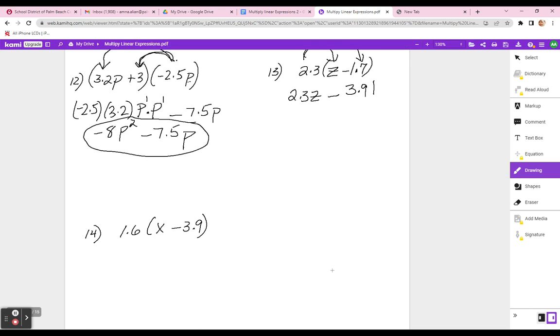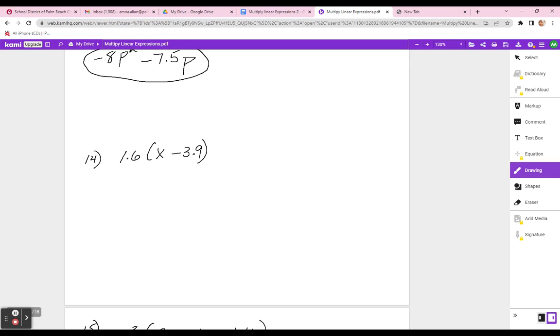All right, let's keep going. 1.6 times x is 1.6x, and 1.6 times negative 3.9 is negative 6.24. All we did was distribute and multiply.